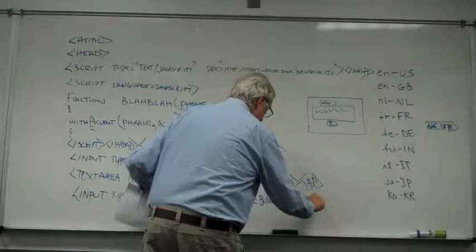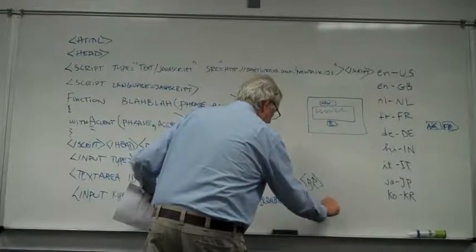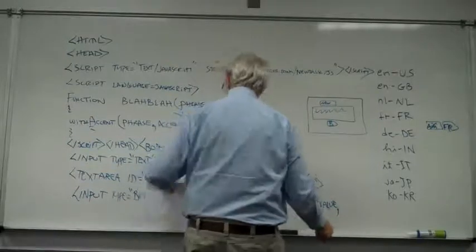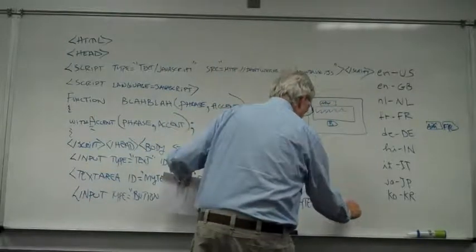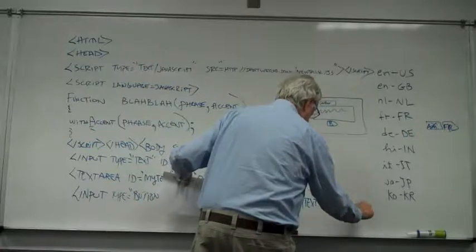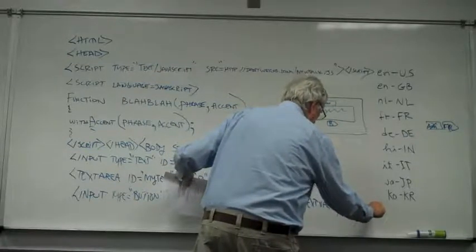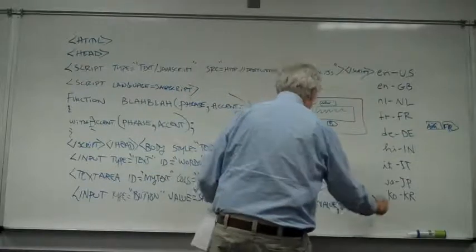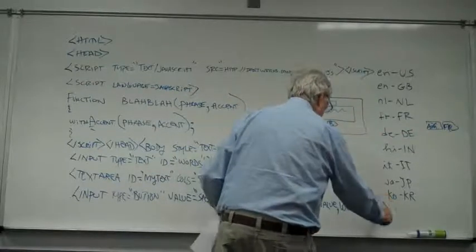My text dot value, comma, and the second one is words dot value. See the names, I'm not even using good names here, they're just names. Blah, blah, blah, quote, close.